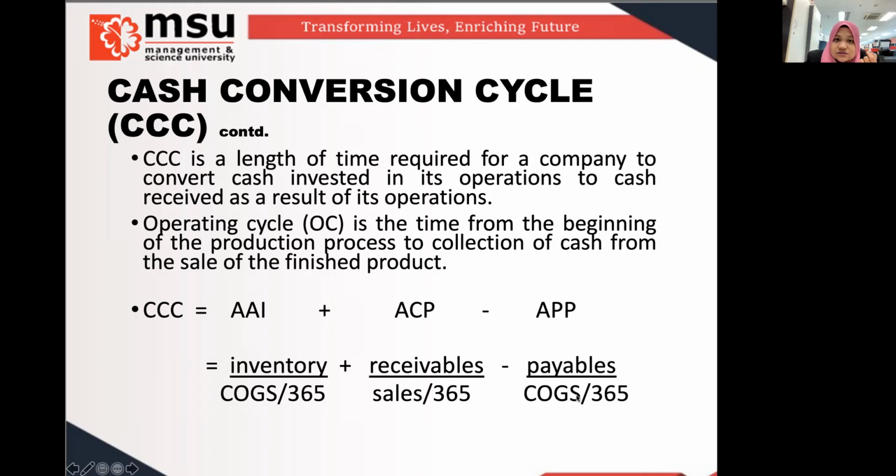So average cost of goods sold per day is cost of goods sold divide 365 and then account payable divide with the answer. Okay, another method that you can use is account payable divide with cost of goods sold multiply with 365. The same answer you will get. So all the answer will be in days because it is in duration. So you want to know the cash conversion cycle, how many days it will consume.